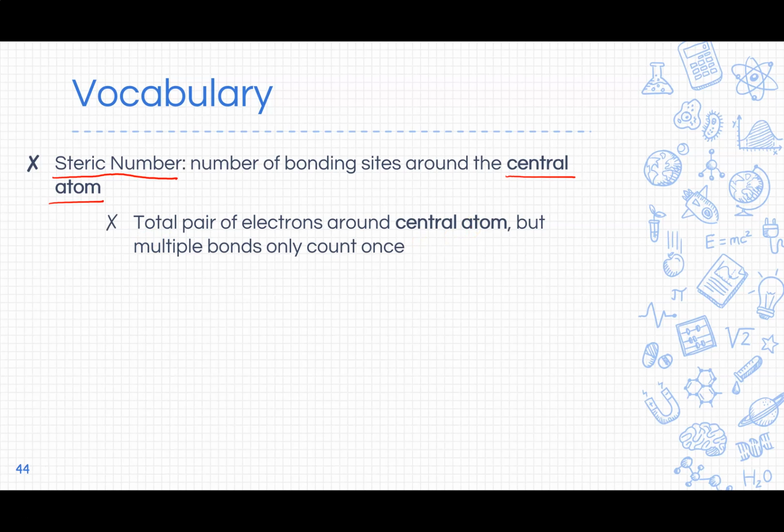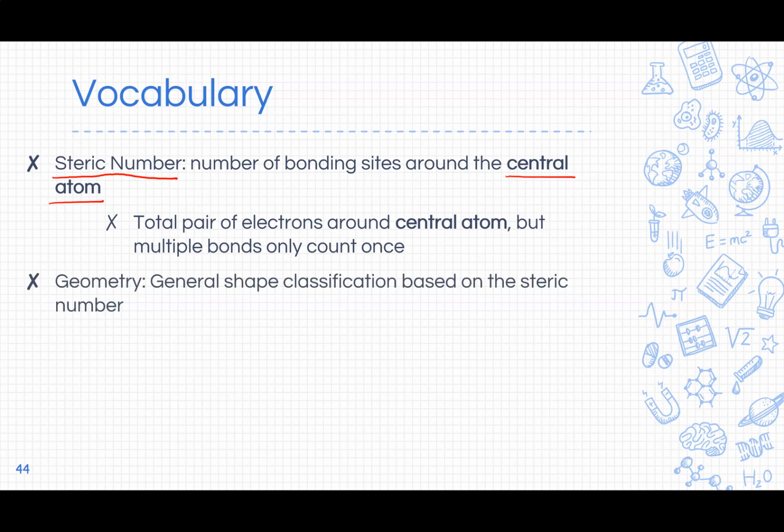But multiple bonds, so a double or triple bond, are only going to count once, because if we're talking about bonding sites, even if I have a double bond here, this double bond is only one site of bonding. So we count that as a bonding site. A multiple bond will only count once. And I'll show you how to do this counting in a minute.